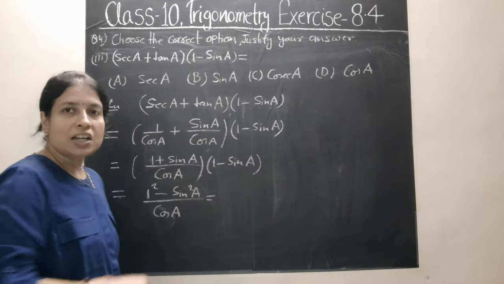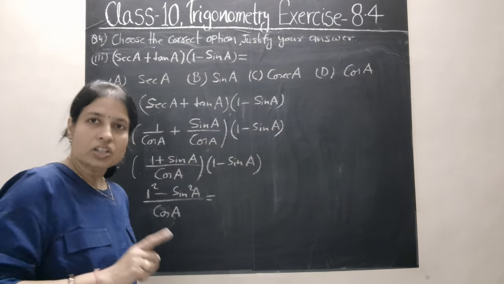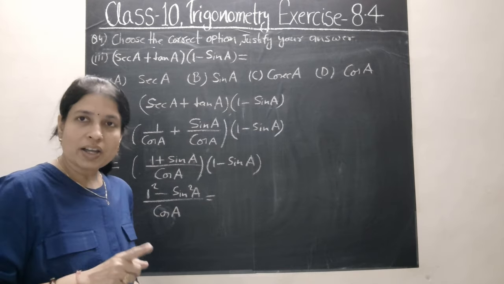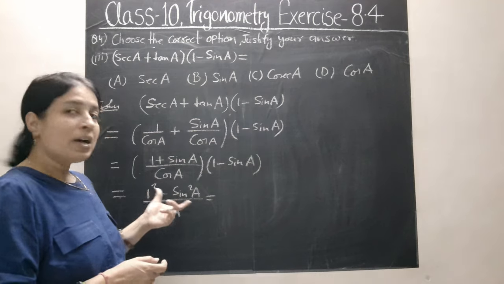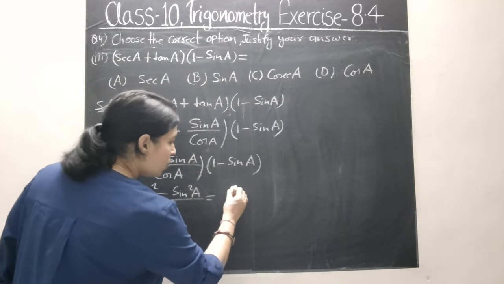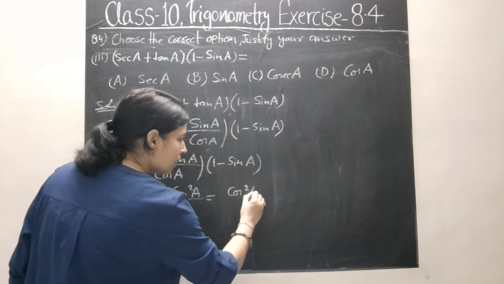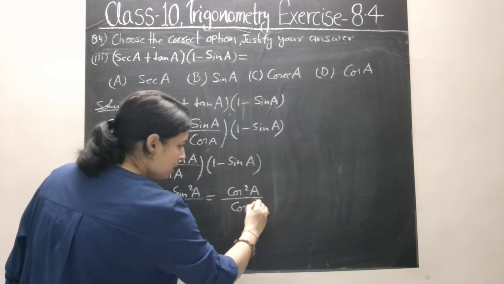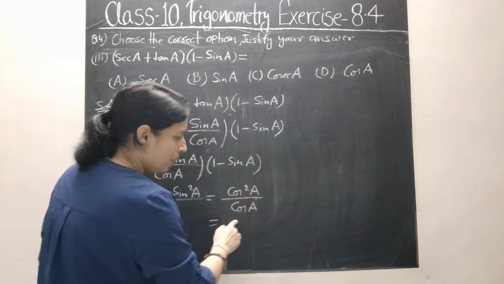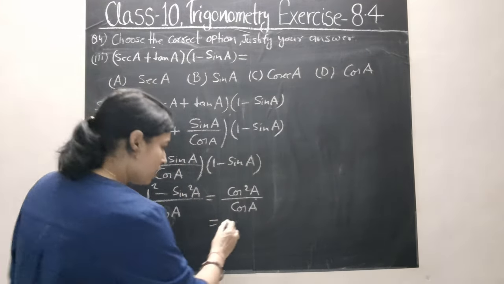So 1 minus sin square A is called cos square A, because sin square A plus cos square A is equal to 1. So 1 minus sin square A will be cos square A. So it will be cos square A divided by cos A. When you divide cos square A by cos A, you will get cos A.